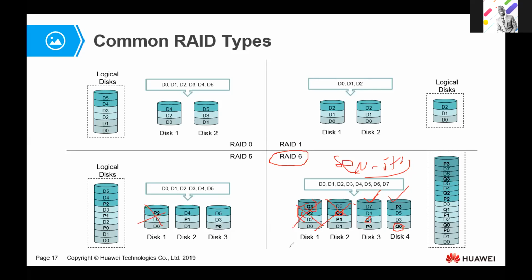When write operations are performed on each data block, two independent check calculations need to be performed. We are already seeing that this results in system overload, so the disk usage is lower and the configuration is more complicated. RAID 6 is applicable to environments that really require high data accuracy and integrity.